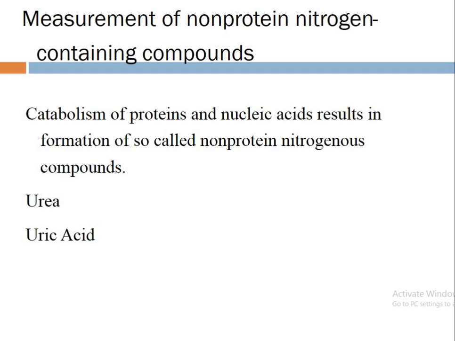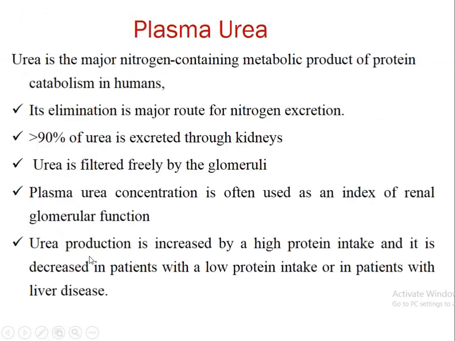Measurement of non-protein nitrogen containing compounds. Catabolism of proteins and nucleic acids results in the formation of so-called non-protein nitrogenous compounds like urea as well as uric acid. Plasma urea: urea is a major nitrogen-containing metabolic product of protein catabolism in humans.